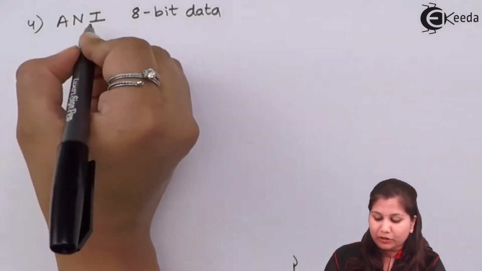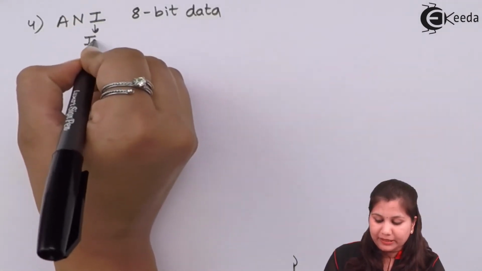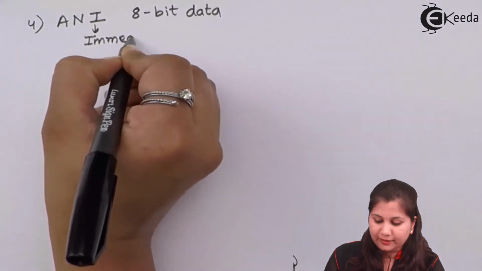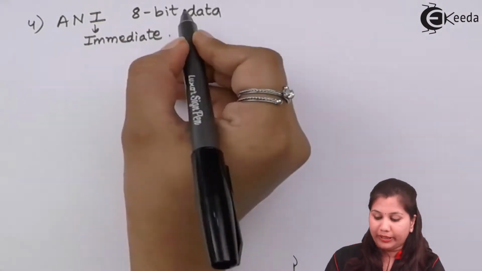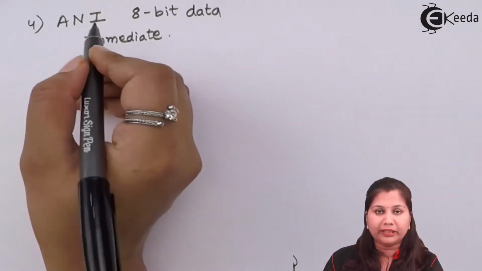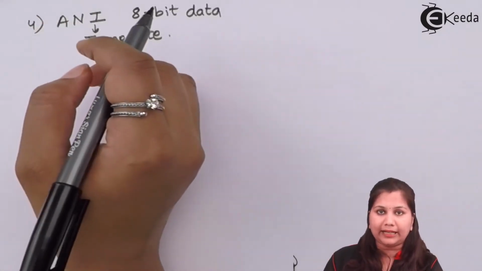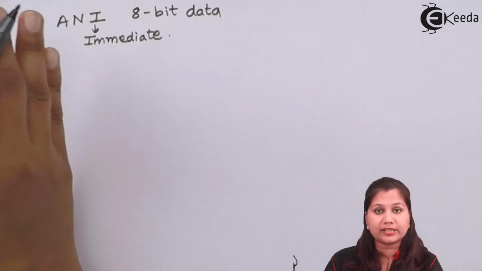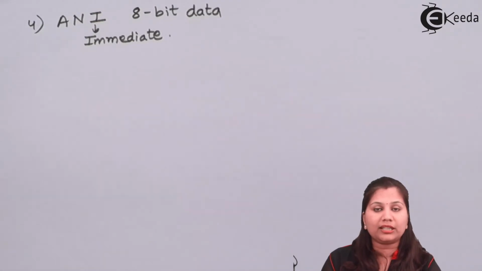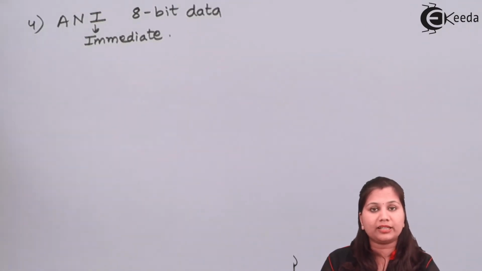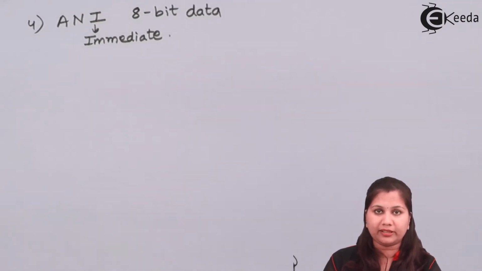Because we are having I here, it means an immediate data is there. So the 8-bit data and the accumulator contents will be ANDed with each other and the result will be stored in the accumulator itself. The result of all the logical and arithmetic operations will be stored in the accumulator itself.